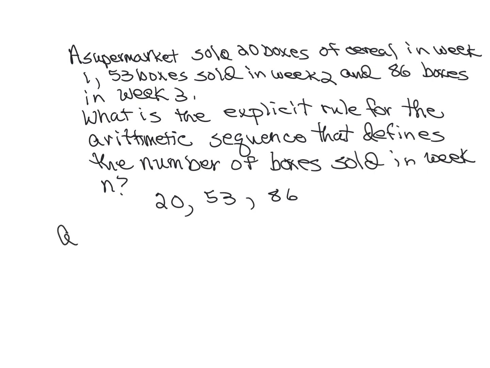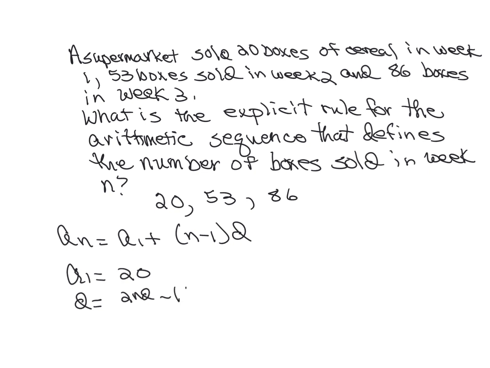So my explicit rule is a sub n is equal to a sub 1 plus n minus 1 times d. I have to know what a sub 1 is, and I do. A sub 1 is 20, and I need to be able to find d. d is going to be the second term minus the first, which is going to be 53 minus 20, and that is going to equal 33.